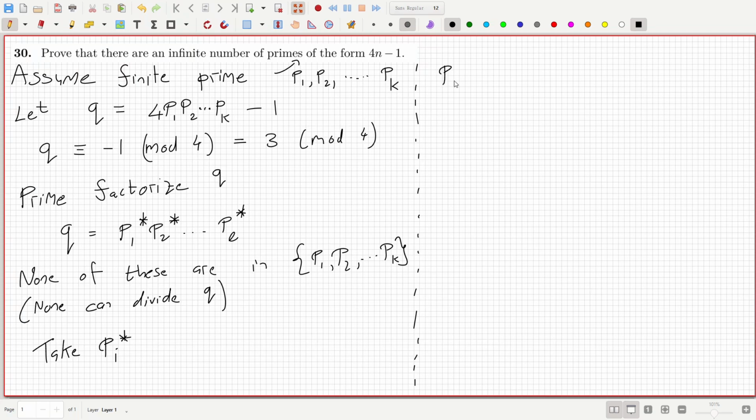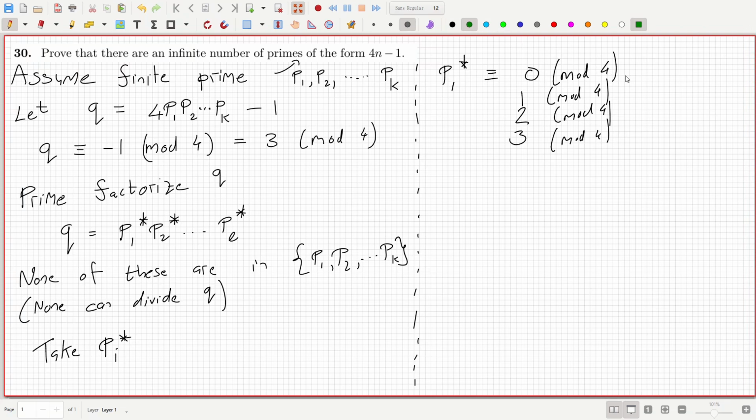So p_i star could be congruent to 0, 1, 2, or 3 mod 4.